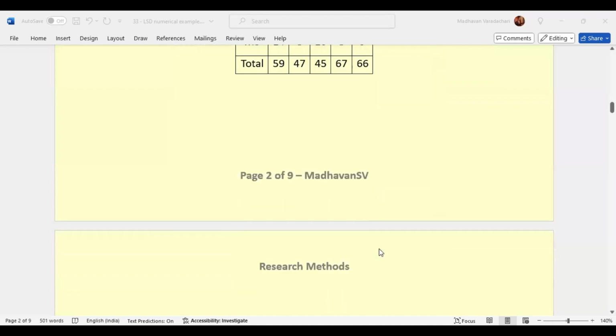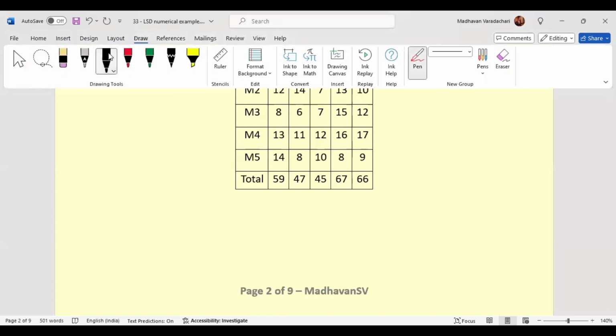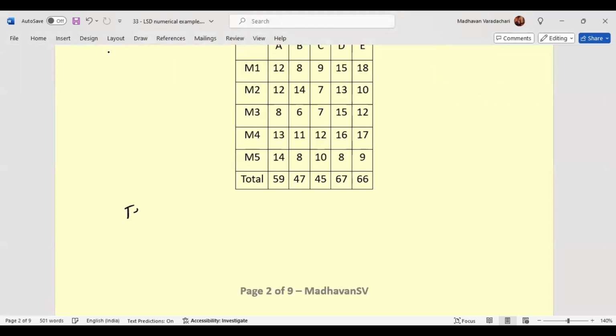Now, we will proceed with first formulating the hypothesis. Let us say the first test will be related to operators.